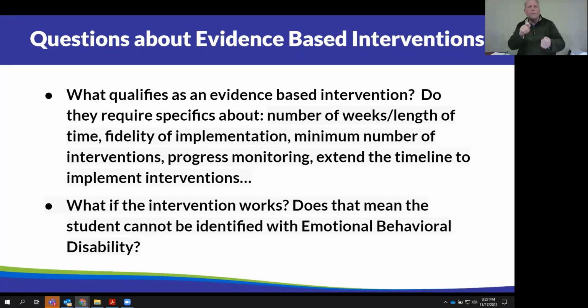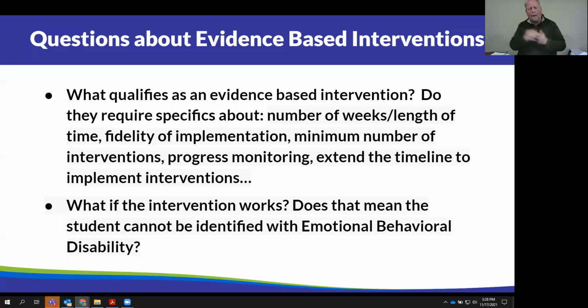So hang tight, I have a slide full of resources coming up next that provide information about how to implement interventions, how to determine the evidence base of interventions. One thing I would recommend is starting with something called data-based individualization. There are a lot of resources on the National Center for Intensive Intervention that you'll see a link to on the next slide.